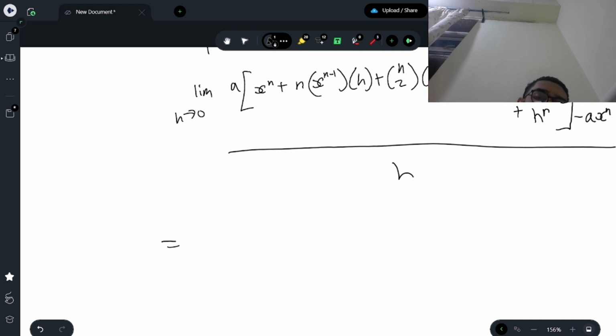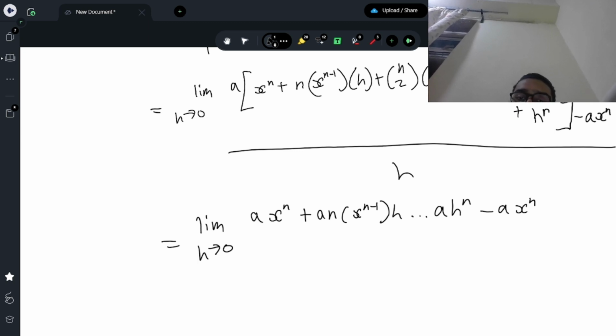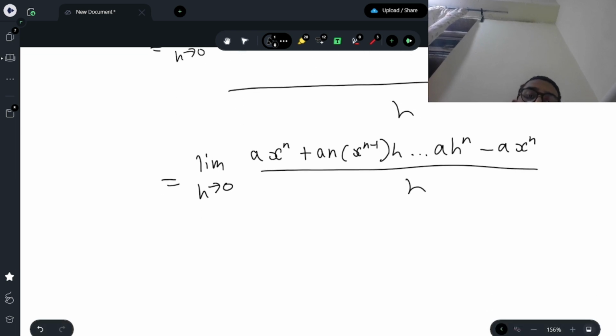So that is equal to the limit h approaching 0 of a x to the power of n plus a n x to the n minus 1 h, yada yada yada, all the way until a h to the power of n, then minus a x to the n, all over h, which then equals the limit of h approaching 0.